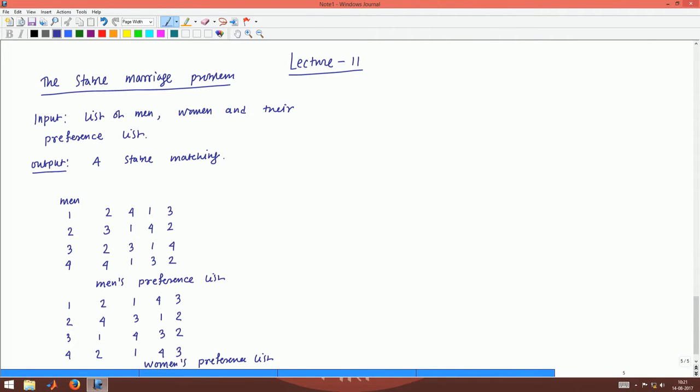Now, slowly we talk about what is the stable matching. We know what is matching, right? A matching is a one-to-one correspondence between the men and the women.